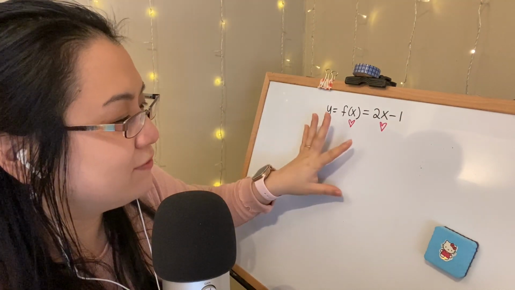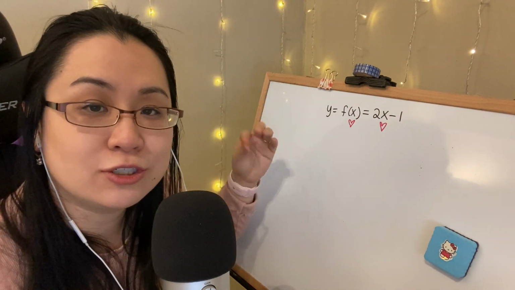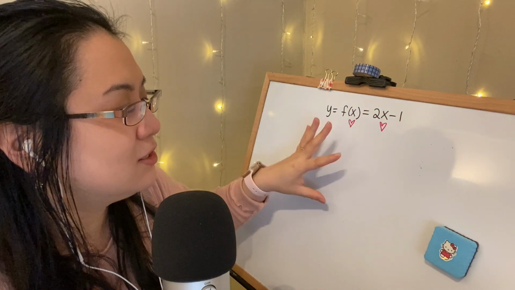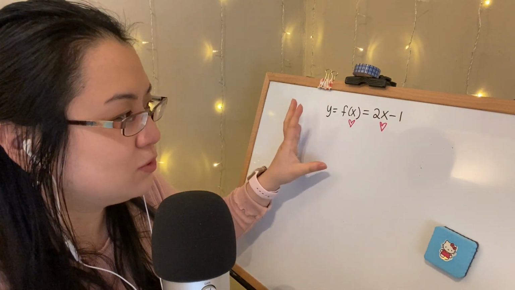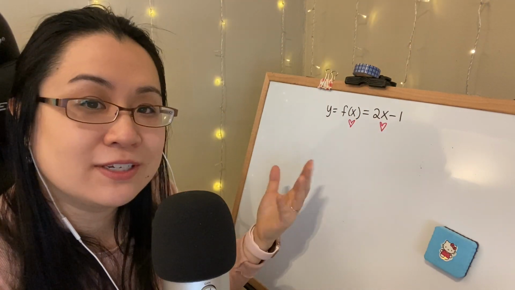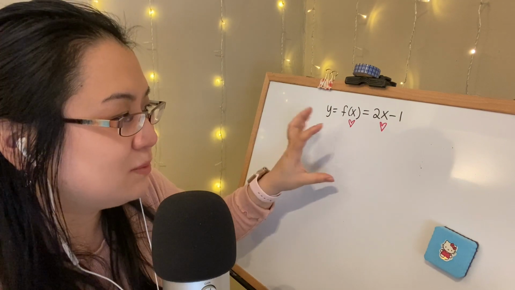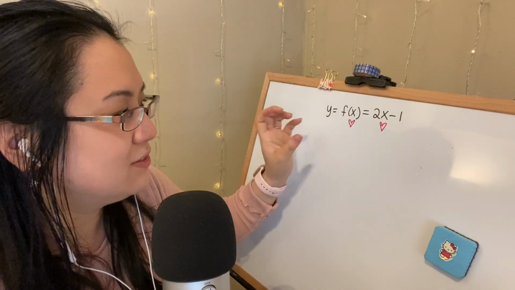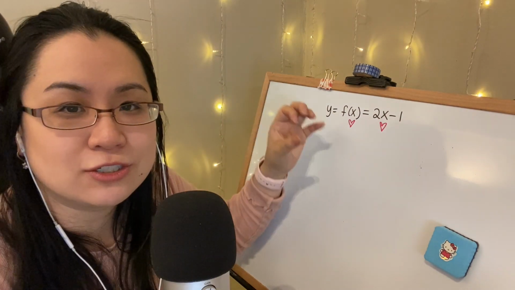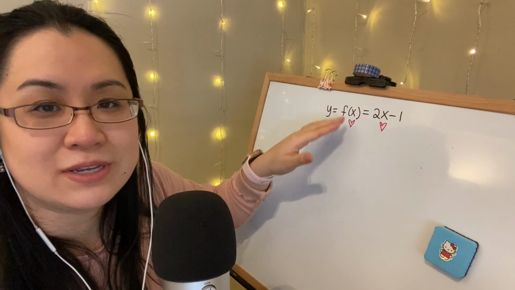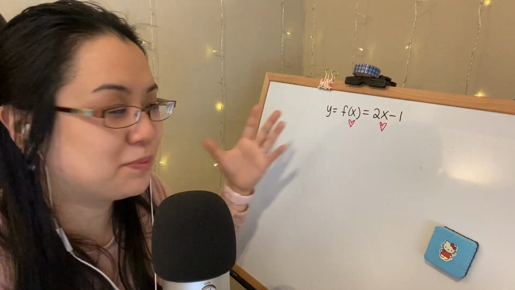So y and f of x are usually used interchangeably, but conceptually they're slightly different, and usually you'll use y is 2x minus 1 for when you're graphing or something like that. But conceptually, it's the same idea, right? So deep down, y is a function of x. So this gives you more information about this variable.